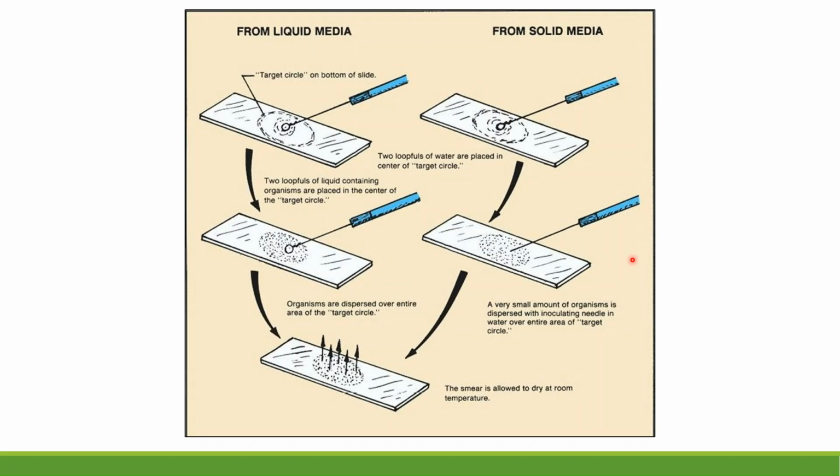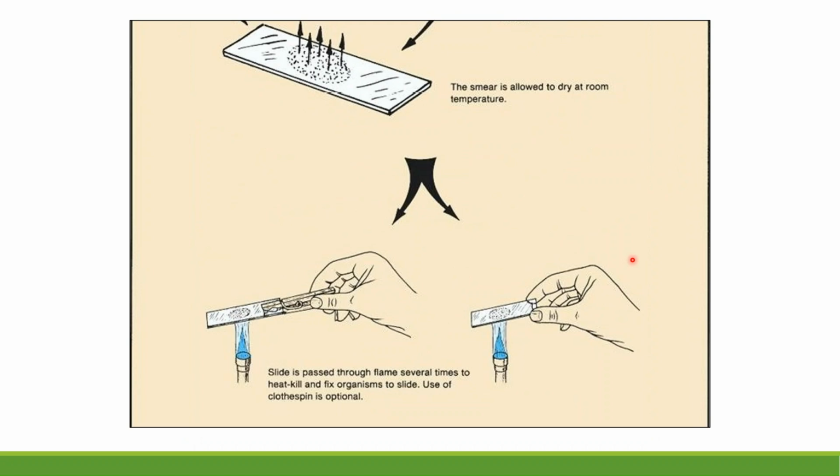And now we're ready to dry that culture onto that glass slide. This is part of the process of fixing those microbes to that slide. The first thing you want to do is just allow it to air dry in the room. It's very thin, so it shouldn't take long for it to dry. We don't want residual water on the slide, because the next step we're going to do is apply some heat.